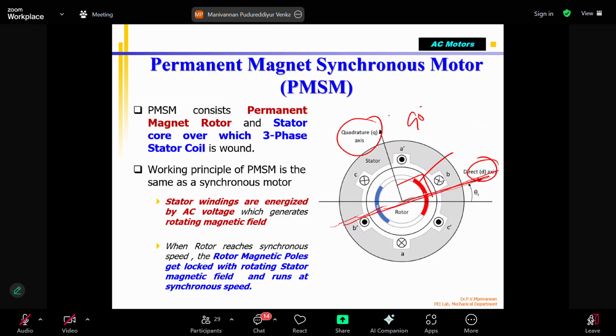So if you measure electromagnetic inductance with respect to Q axis, it is called LQ. Inductance with respect to quadrature angle. Similarly, LD means inductance measured with respect to D axis of the rotor. That is called LD, LQ. These are called the two inductance values of the synchronous motor with respect to axis.